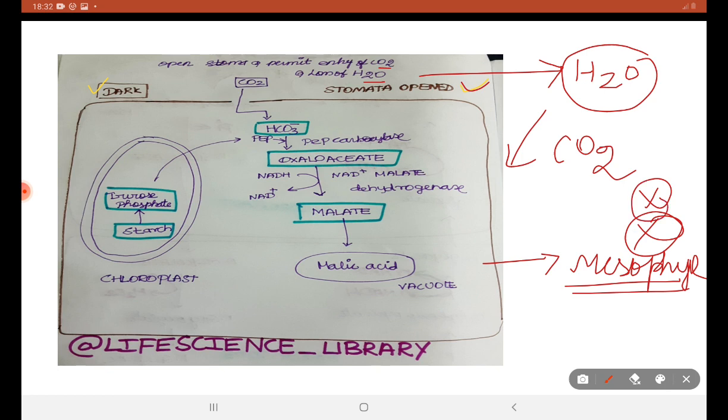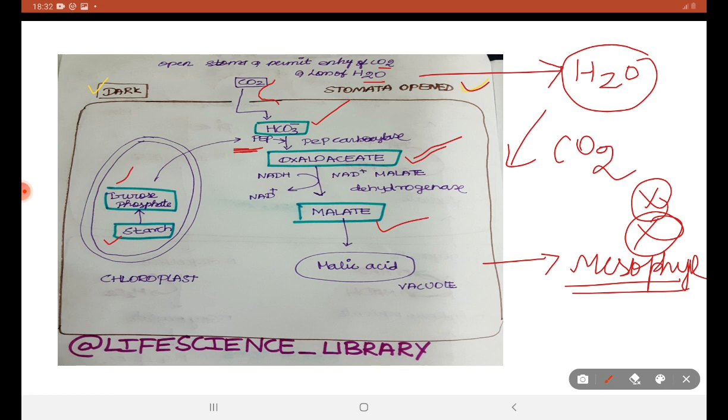Starch stored in chloroplast is converted into triose phosphate to give rise to phosphoenol pyruvate. The carbon dioxide that entered these mesophyll cells forms HCO3 minus. With the action of phosphoenol pyruvate, they form oxaloacetate. Phosphoenol pyruvate is carboxylated to form oxaloacetate, and this oxaloacetate is reduced to malate.